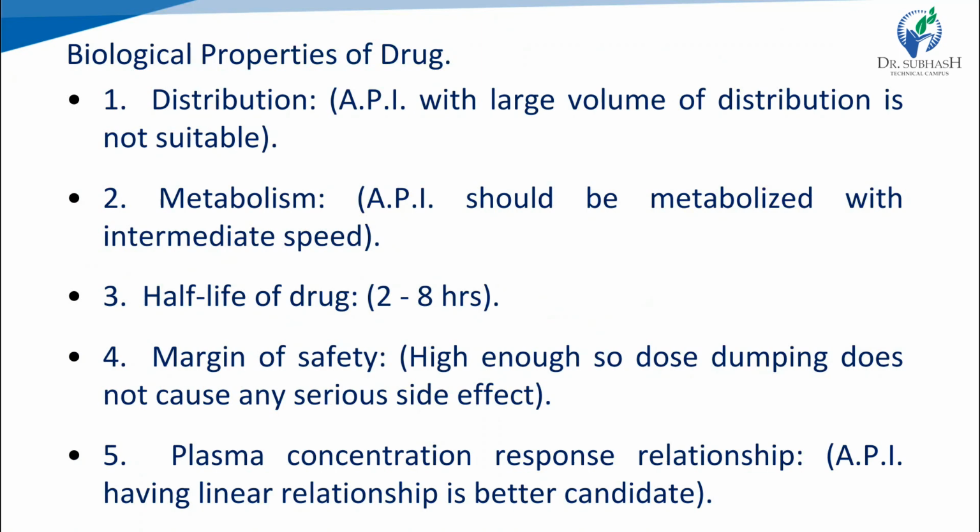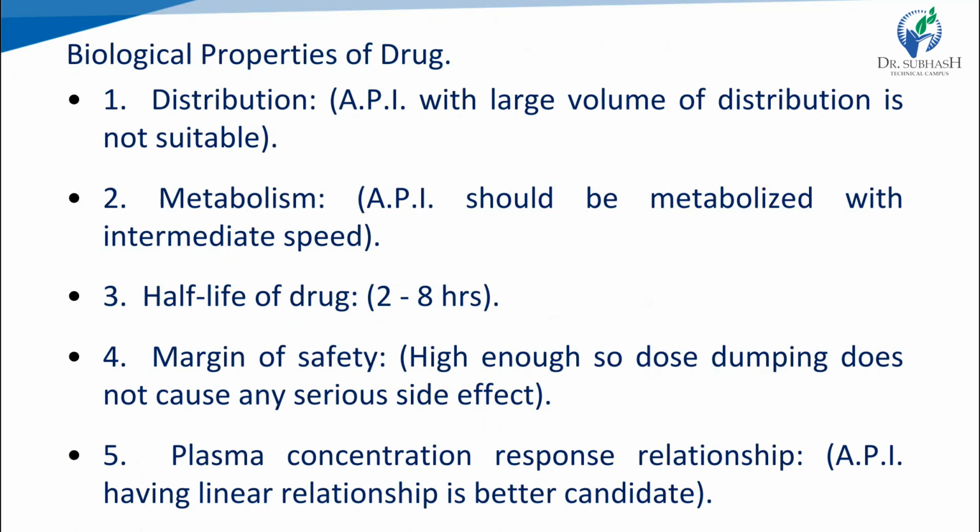Then we go for another route, like parenteral, because with rapid metabolism the drug is not absorbed and does not give a therapeutic response. The biological or elimination half-life between 2 and 8 hours is ideal, an excellent candidate for controlled release.